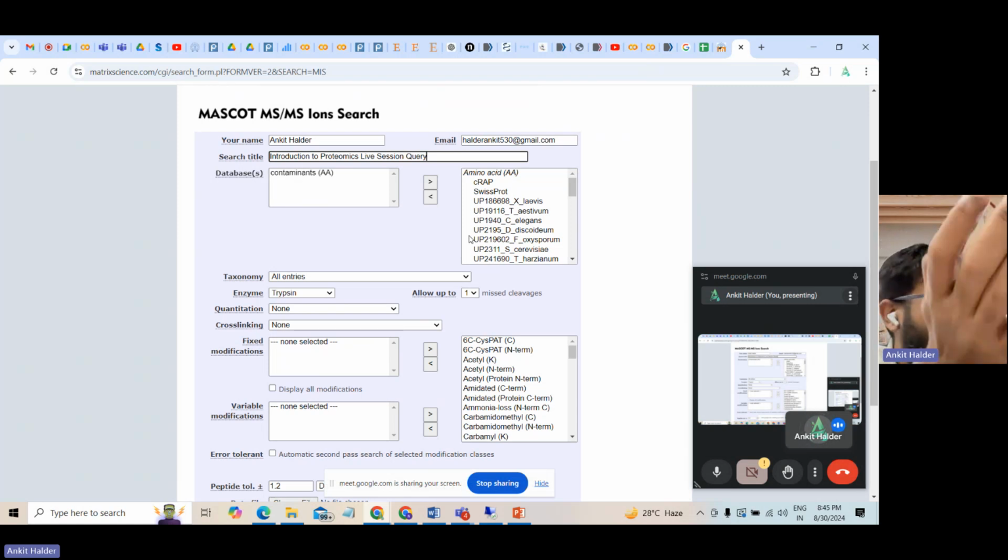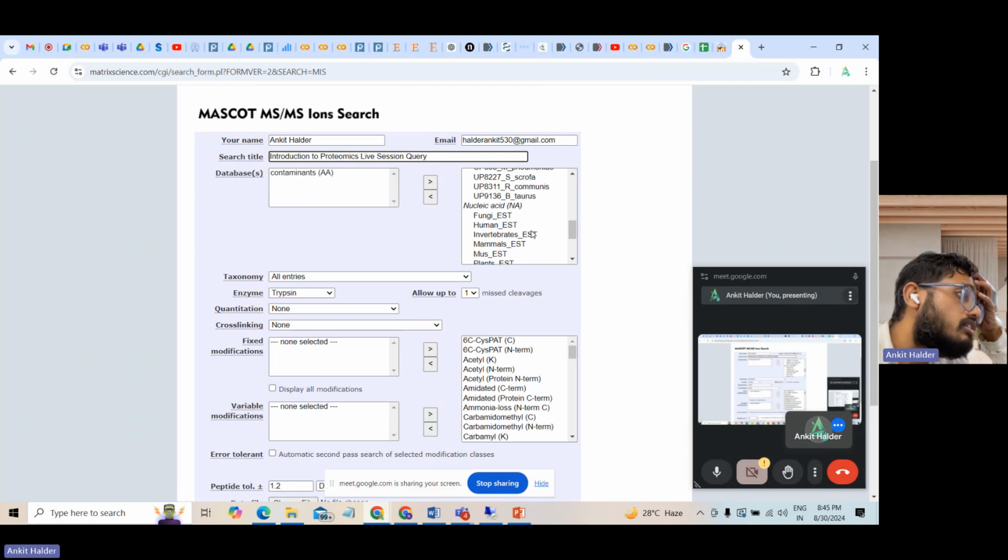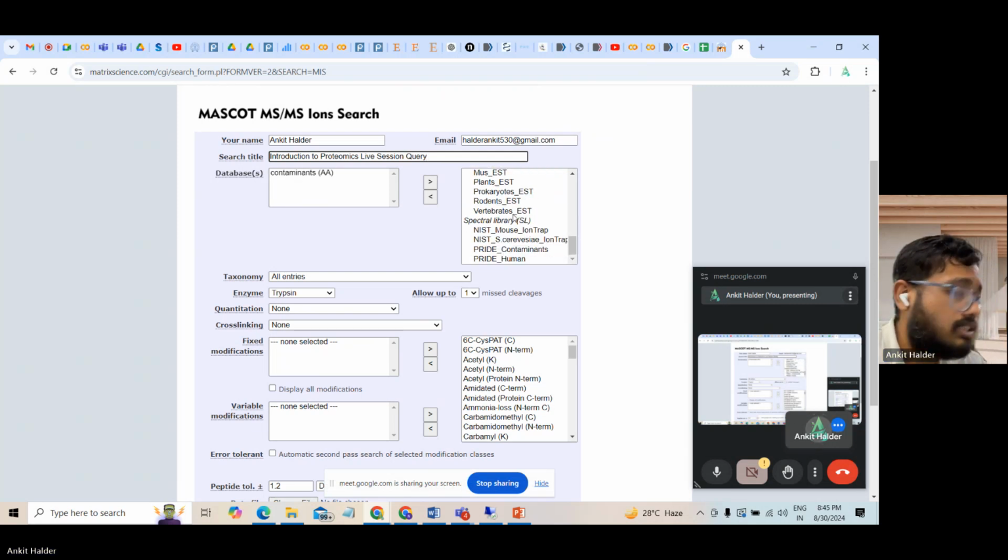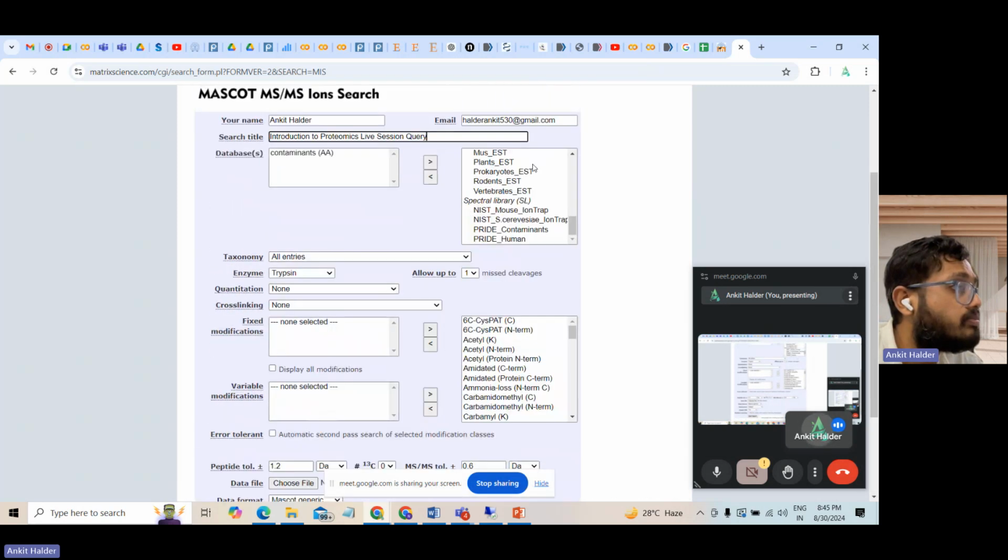It has already been added. Now you can see that if you know the particular species you are looking at, or that the particular protein is made of, then it's very easy for you to pick the organism, like Xenopus laevis, C. elegans, Oryza sativa, or human, expressed sequence tags, or particular libraries if you have.